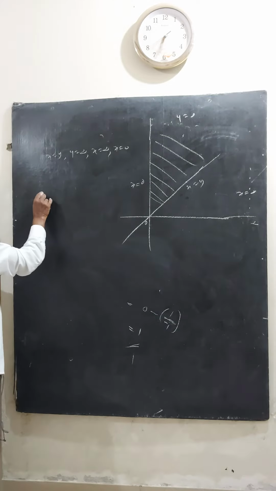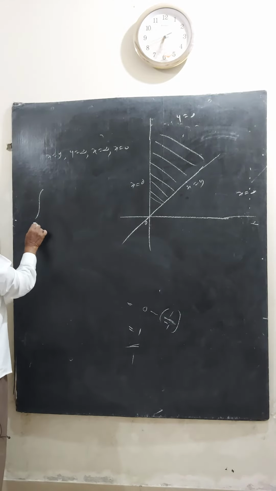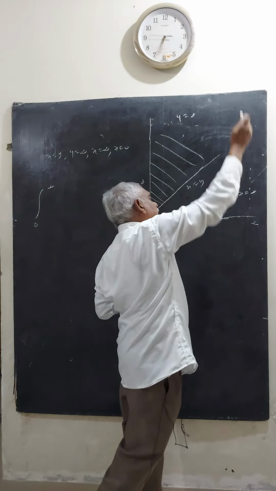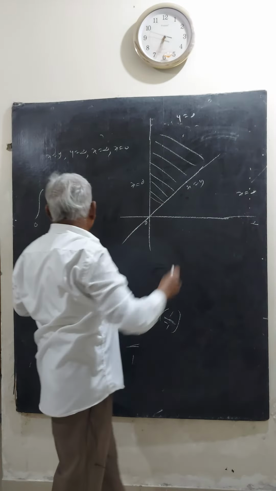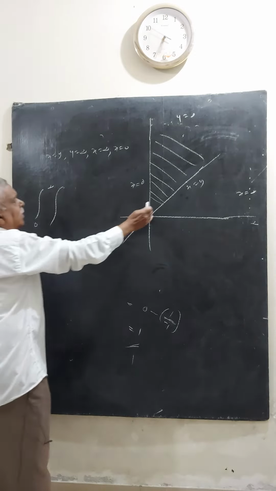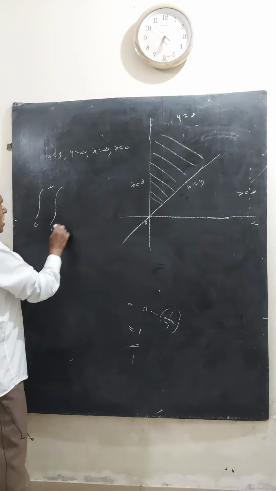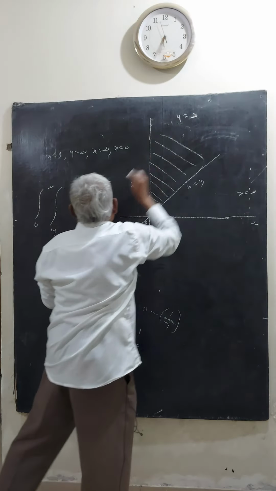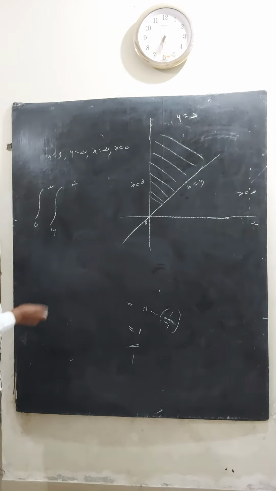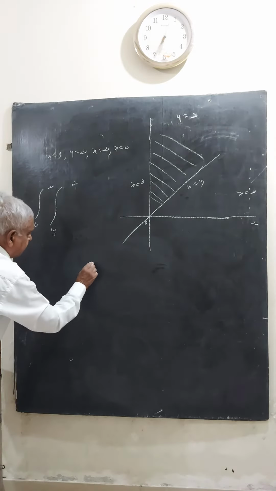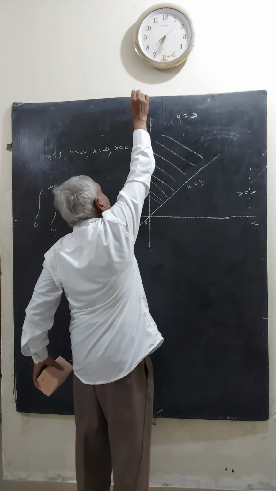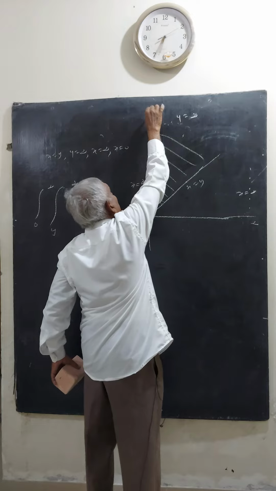If you take limits on the x axis, 0 to infinity, x goes up to infinity. This line cuts up to infinity, 0 to infinity. Y is bottom to top, y is 0 at the bottom and y equal to x at the top, y is infinity. This is the given limit. If you take limits on the y axis, it means 0 up to infinity.